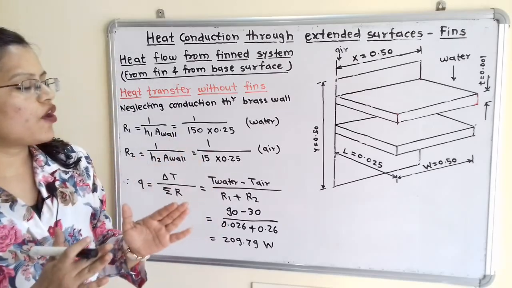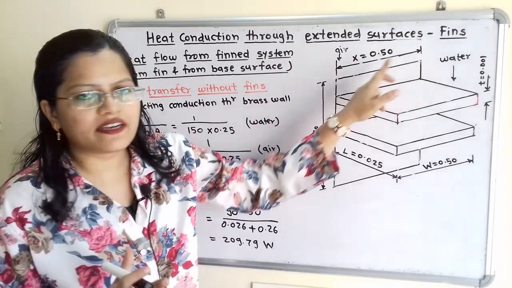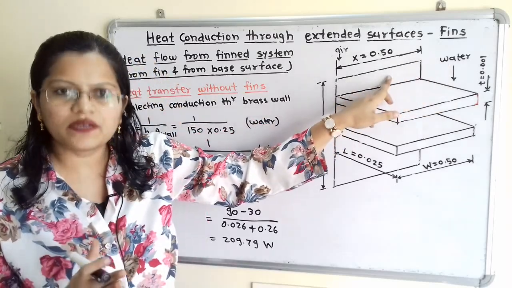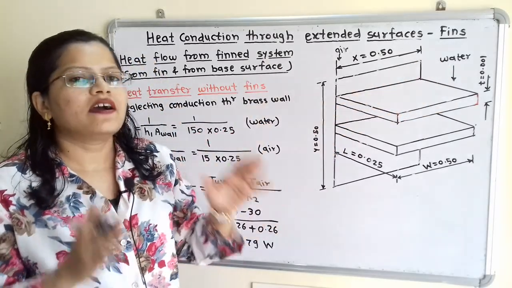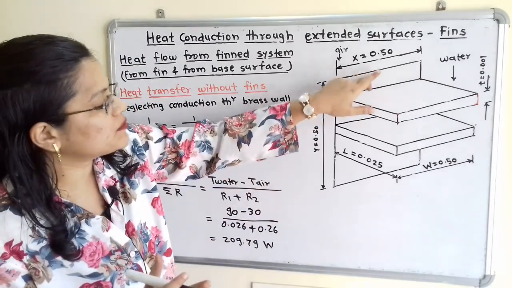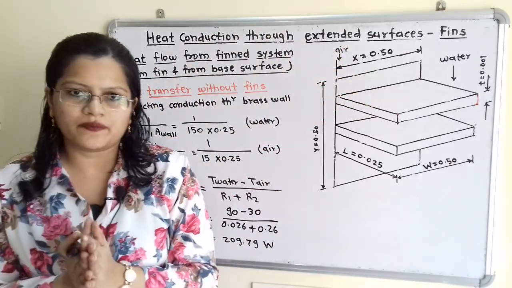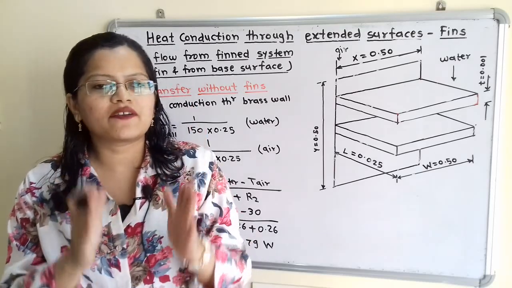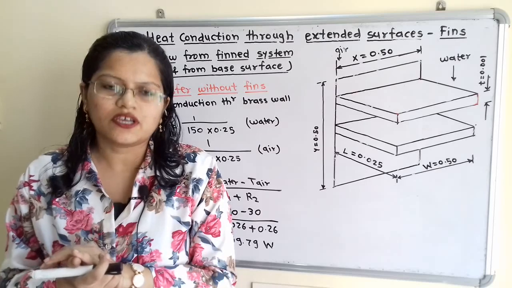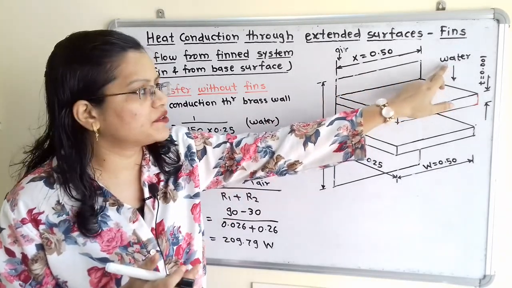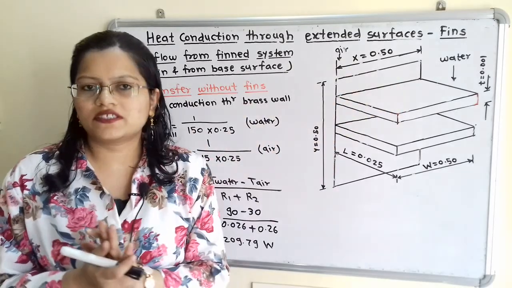So the convection heat transfer process is taking place from this water towards the brass wall, and again the convective heat transfer process is taking place from this brass wall towards the air. So we will use here the resistance for the convection heat transfer process. Resistance R1 is for convection heat transfer from this water towards the brass wall.